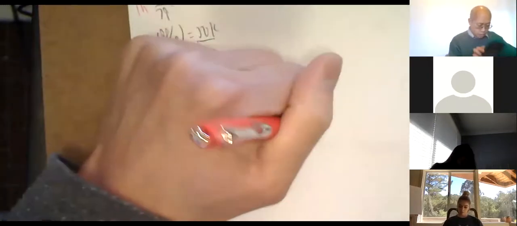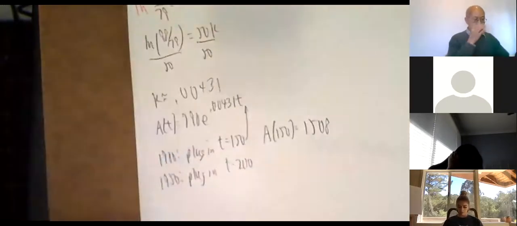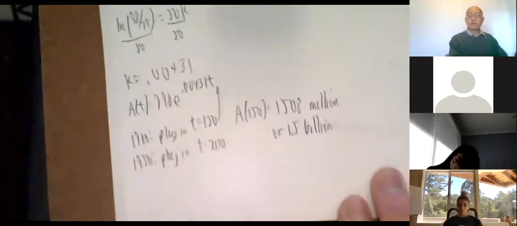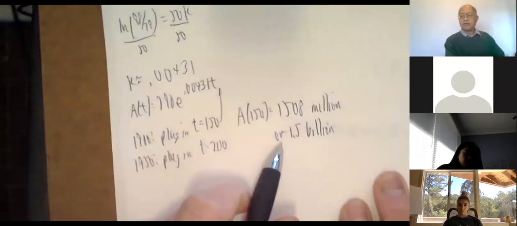Okay, so that goes there. We got 1508 roughly million, or 1.5 billion more accurately. So the world population in the year 1900 was 1.5 billion.